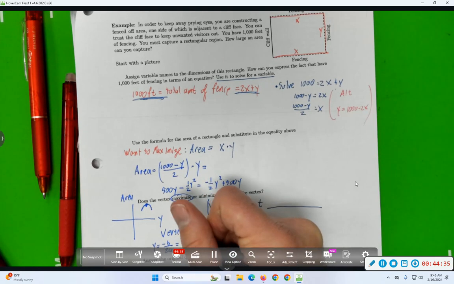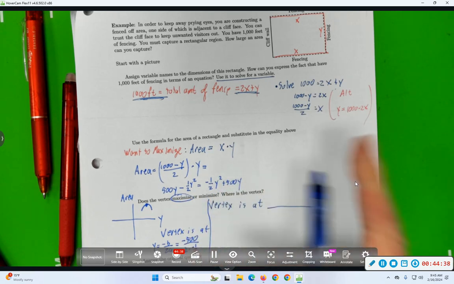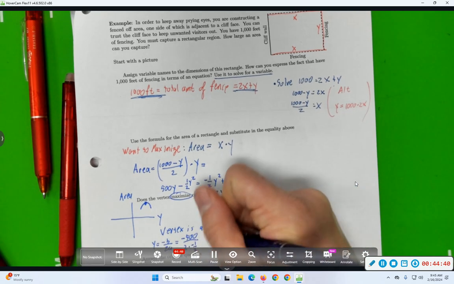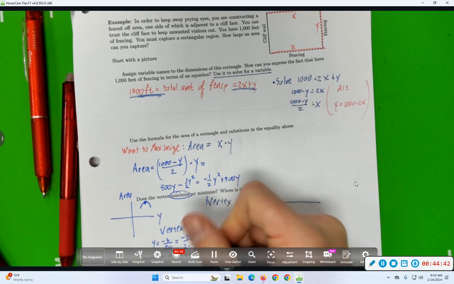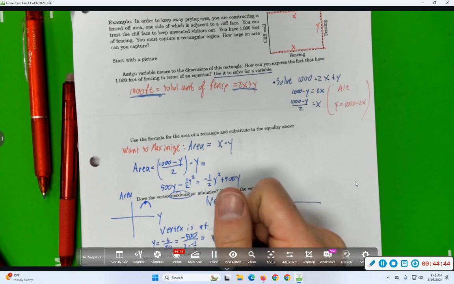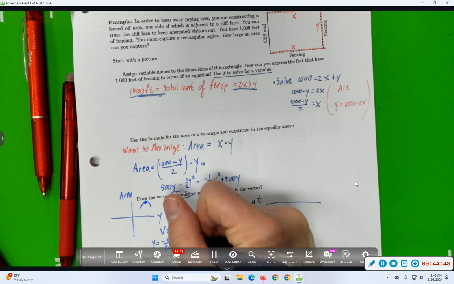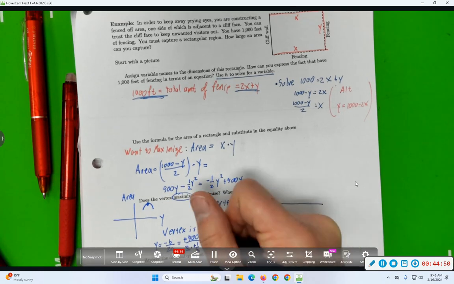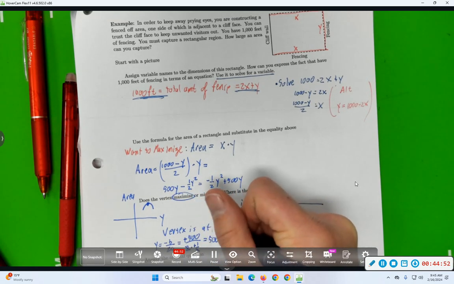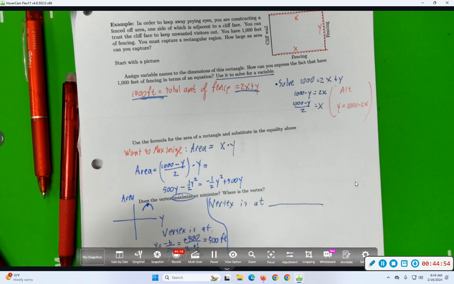What's that simplify to? I think just plus 500. There's a double negative going on. There's multiplication by 2 and then division by 2. Cool. So that tells us the value for y that will result in the optimal choice of area.